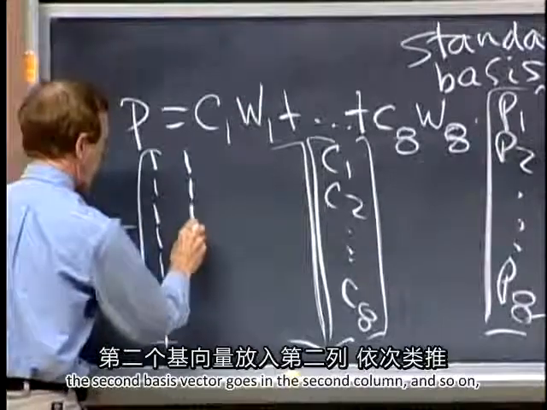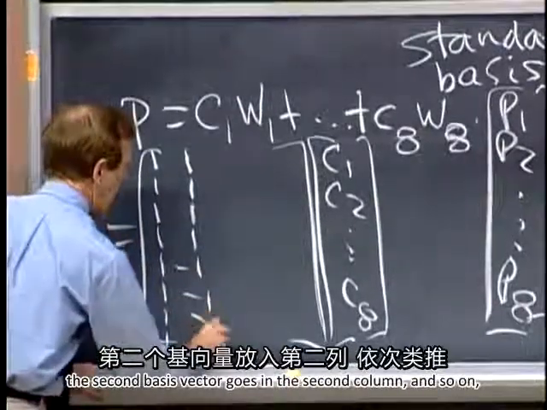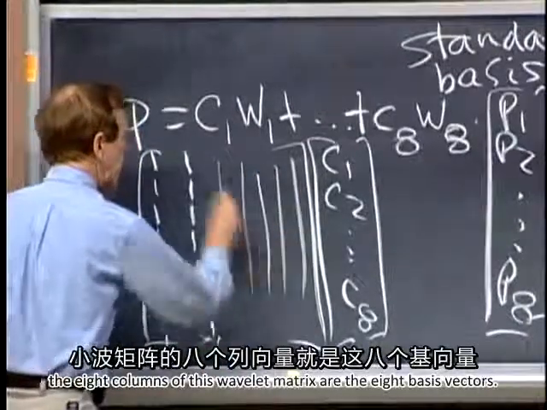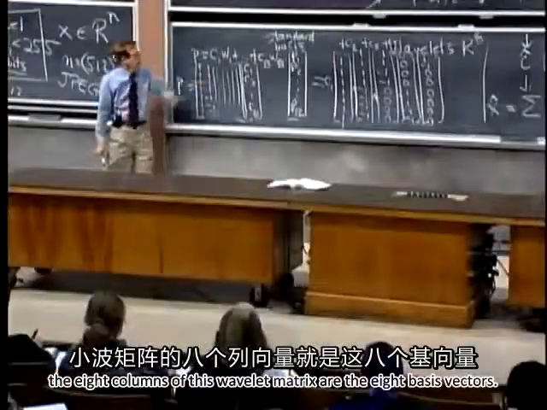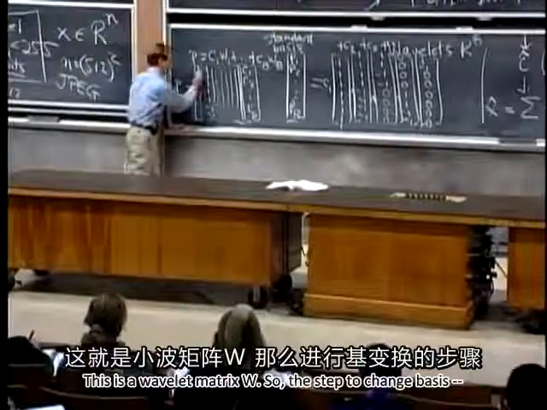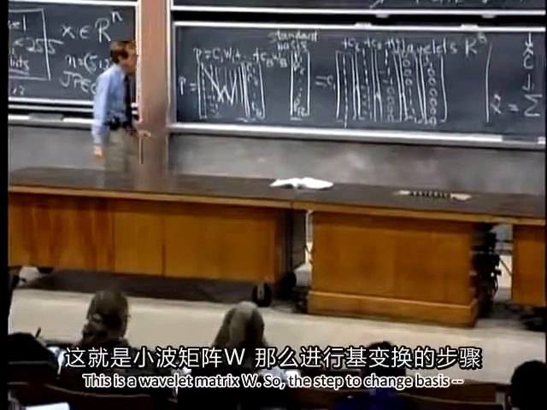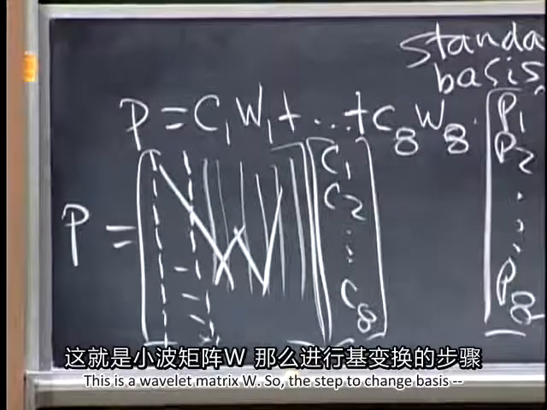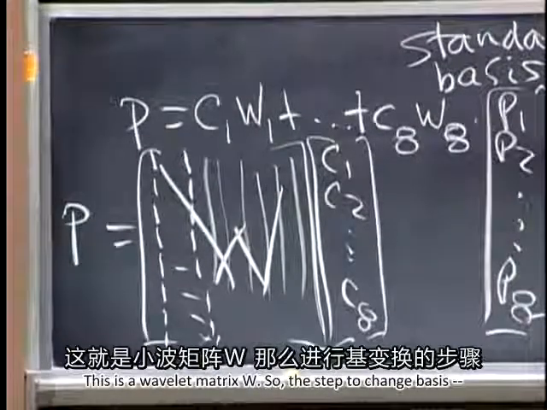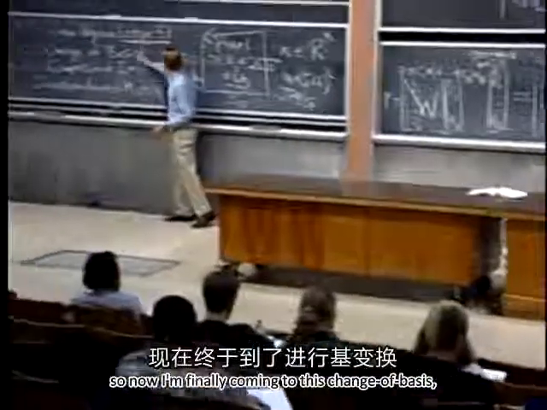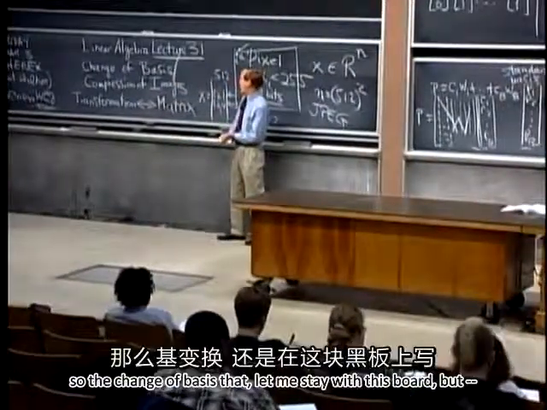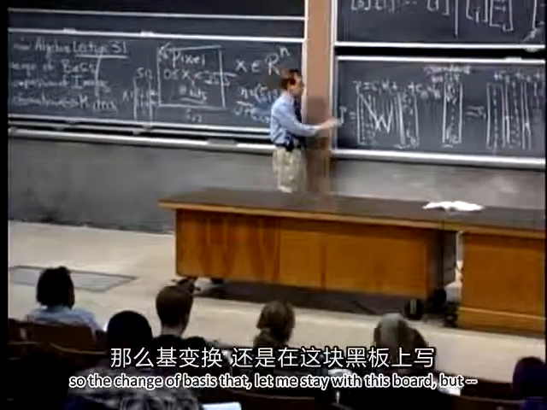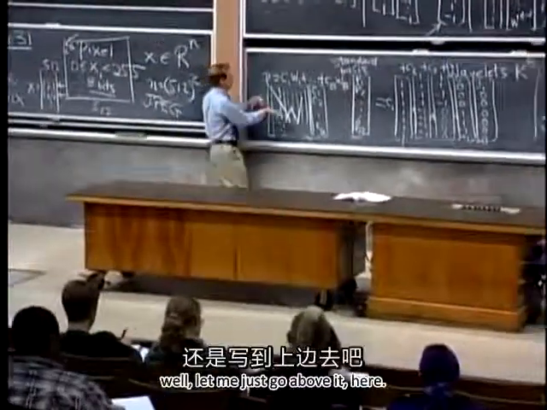The second basis vector goes in the second column, and so on. The 8 columns of this wavelet matrix W are the 8 basis vectors. So now I'm finally coming to the change of basis. Let me stay with this board, but let me just go above it here.